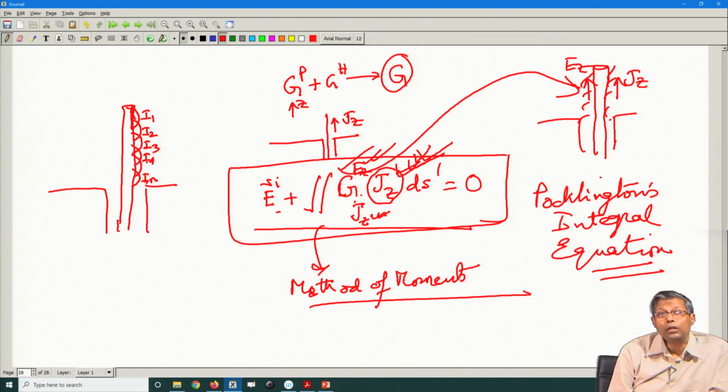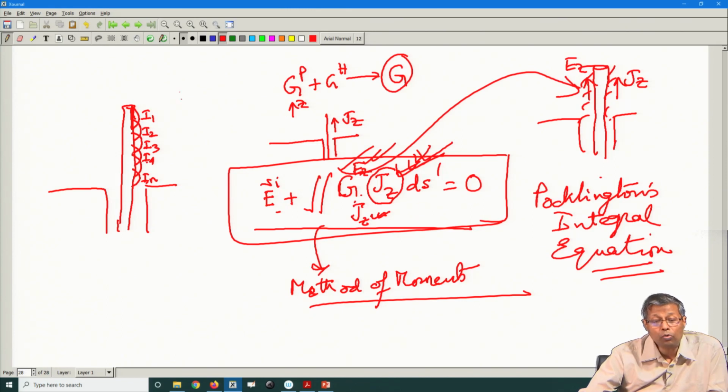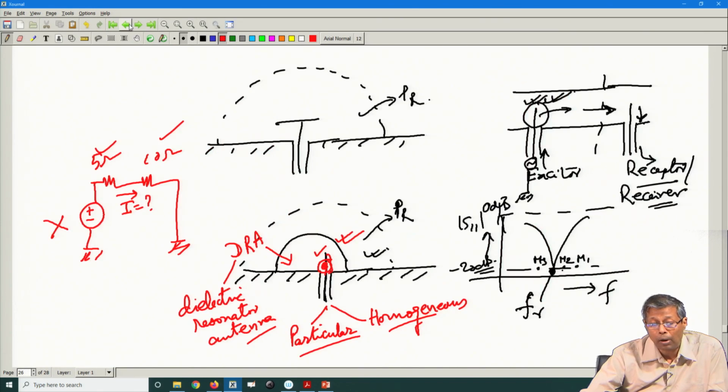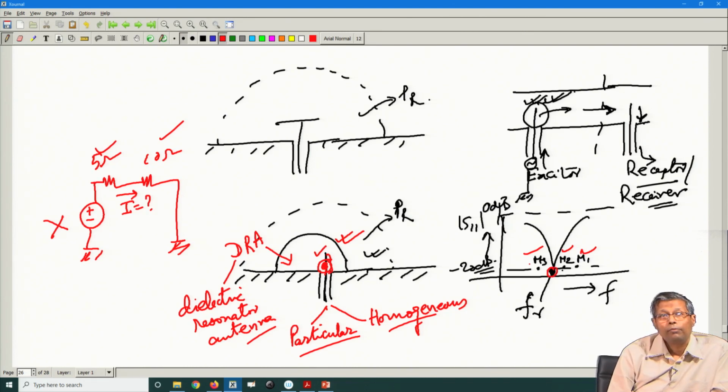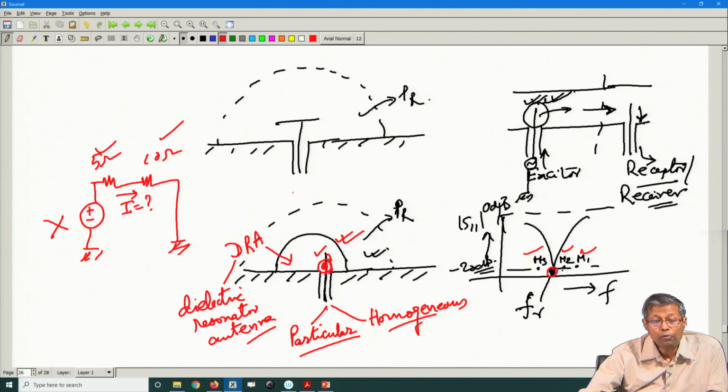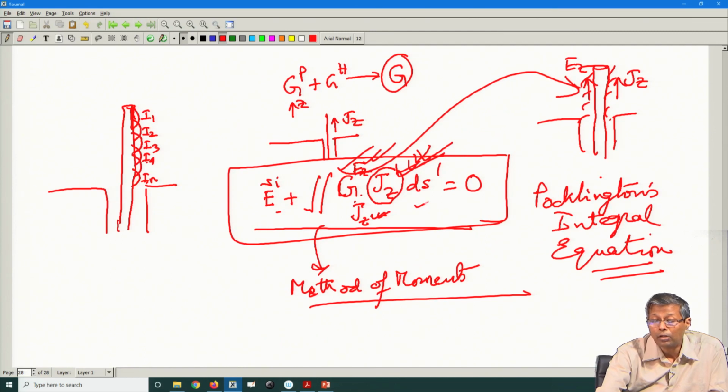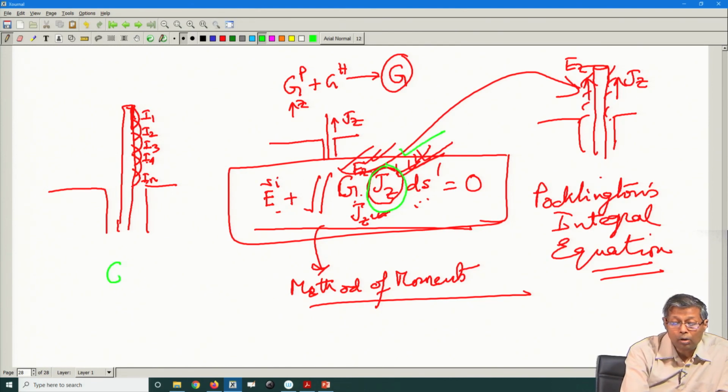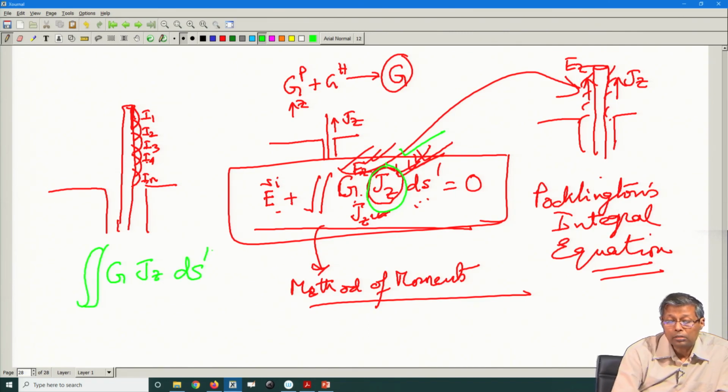What is called making this equation appear in reverse gear? I told you I want to quantify the amount of radiated power due to these modes. What are the powers radiated by these modes at this frequency? In order to find that out, once this current is obtained from the Pocklington's integral equation, I can find out G Jz ds, because this current is known and this Green's function is known.